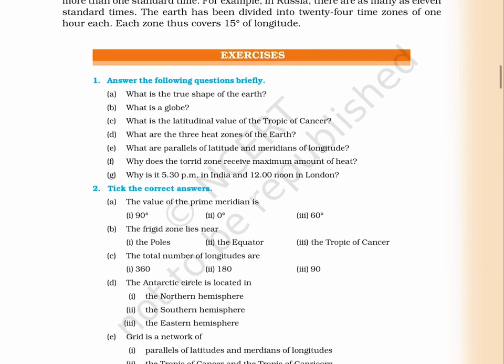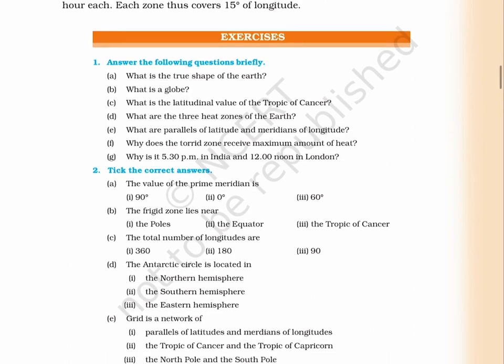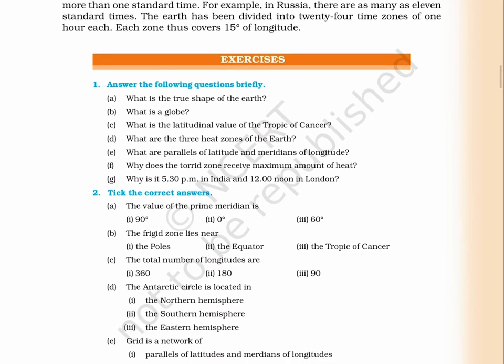Exercises. 1. Answer the following questions briefly. A. What is the true shape of the Earth? B. What is a globe? C. What is the latitudinal value of the Tropic of Cancer? D. What are the 3 heat zones of the Earth?